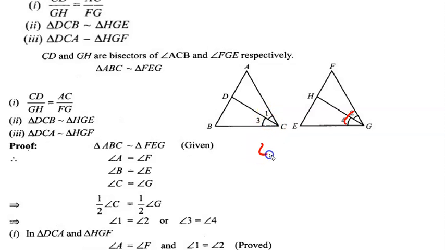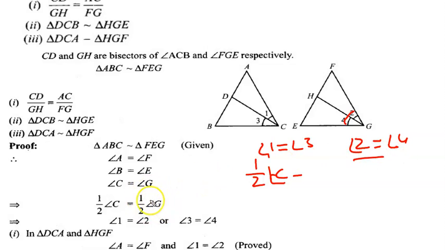So we can say angle 1 is equal to angle 3, angle 2 is equal to angle 4, that is, half of C is equal to 1, and half of G is equal to 2 or 4. So angle 1 is equal to 2 and angle 3 is equal to 4. This thing we proved here.